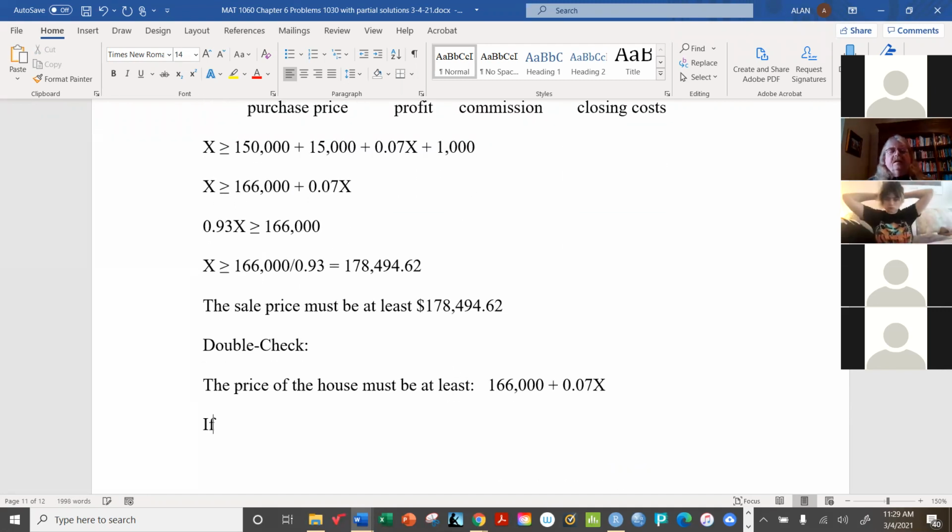If the sale price of the house is, let's see, oh, wait a minute.